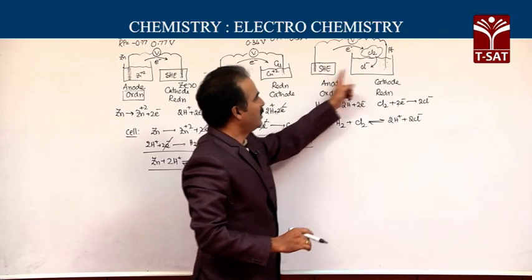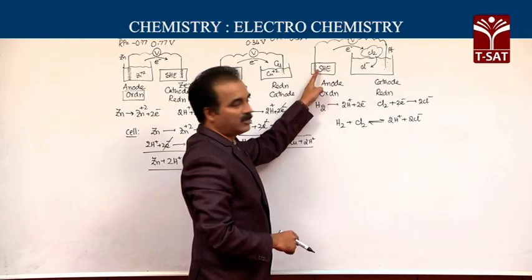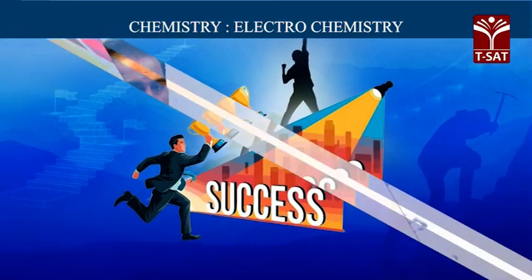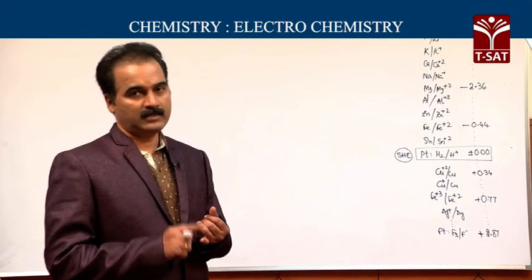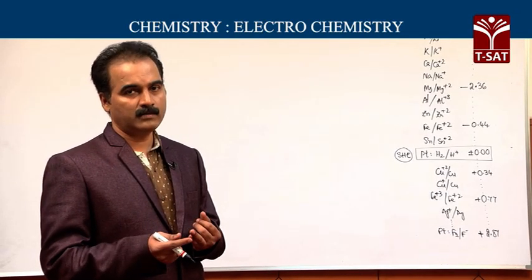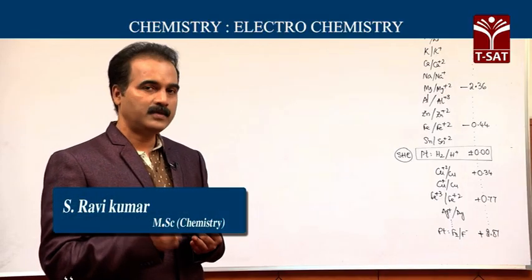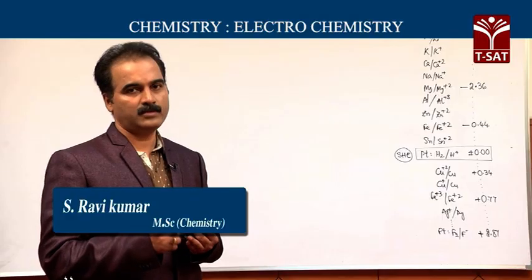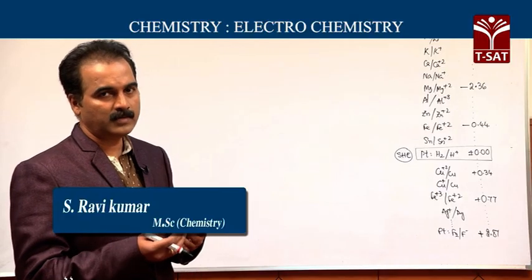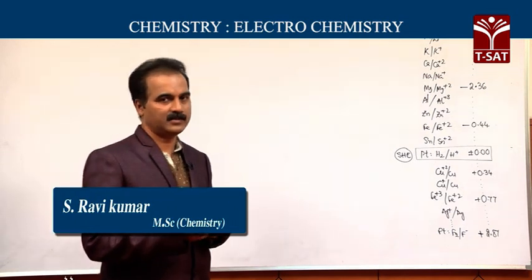Like that, we can assign reference electrode potential values with respect to SHE. So, now we learnt how to assign electrode potential for any electrode which is undergoing oxidation with respect to the cathode, or with respect to the standard hydrogen electrode, or which is undergoing reduction with respect to the standard hydrogen electrode. So, some electrodes will have positive oxidation potential or negative reduction potential.